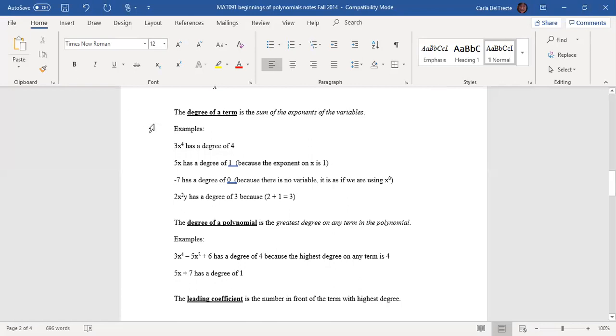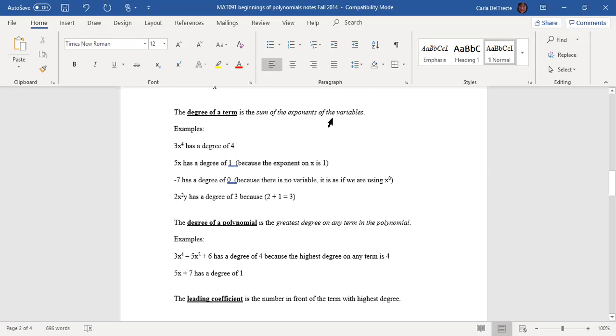For example, 3x to the 4th, exponent's a 4, so it has a degree of 4. 5x, exponent is a 1, so the degree is going to be a 1. Negative 7 has a degree of 0 because it's just like there's an x to the 0 next to it. We talked about that above. Anytime you have a constant term, it has a 0 exponent on the variable.